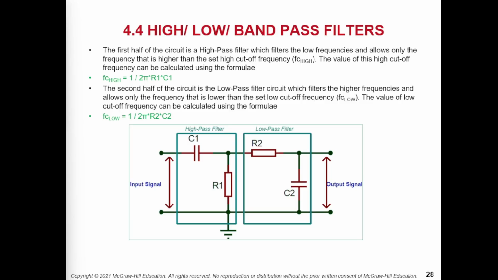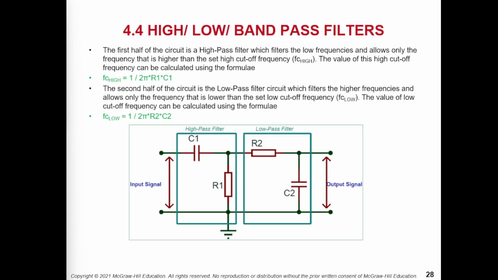So when you are working on a band pass filter, you need to get the lower corner frequency using this one, right? Low, high pass. This is wrong, because this is a high pass filter, right?